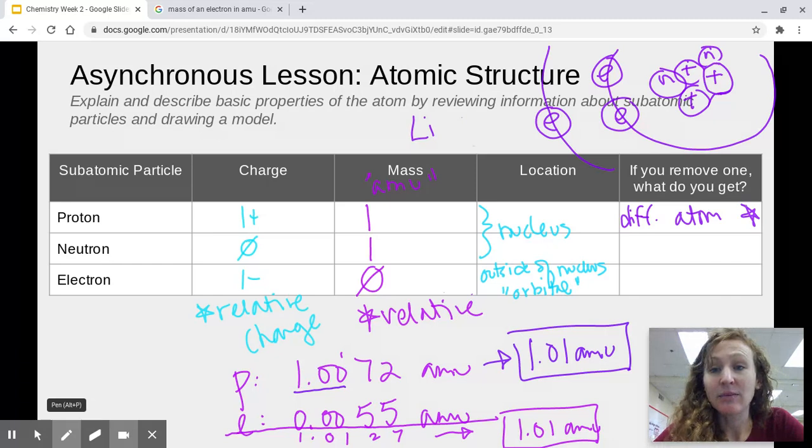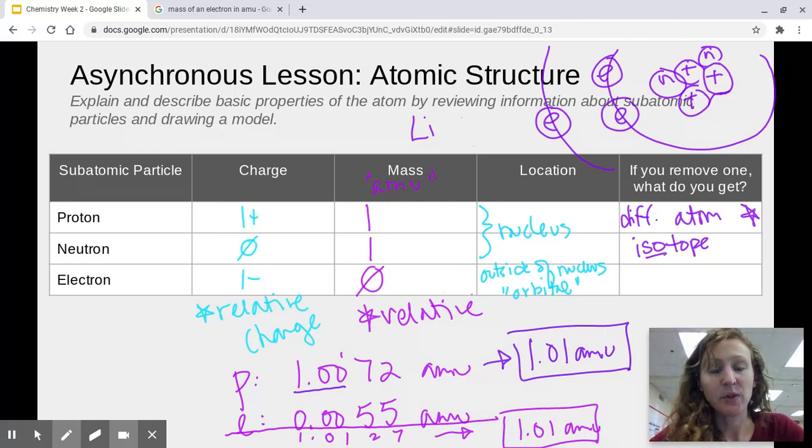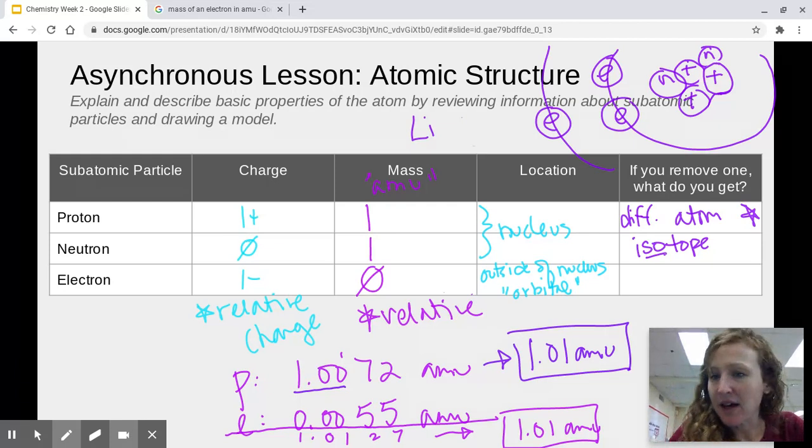It's a lithium that weighs 5 now, instead of my original lithium that weighed 6. So it's still lithium, but it has a different mass. We call this an isotope. Iso means the same. So it's the same element, different mass. It's called an isotope.